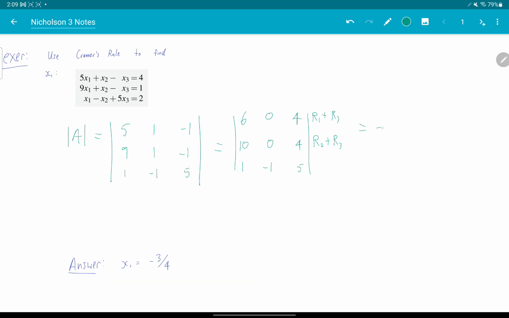That's the 3, 2 entry, so I'm going to get -1 times the determinant 6, 4, 10, 4. So that is 24 minus 40, which is minus 16.